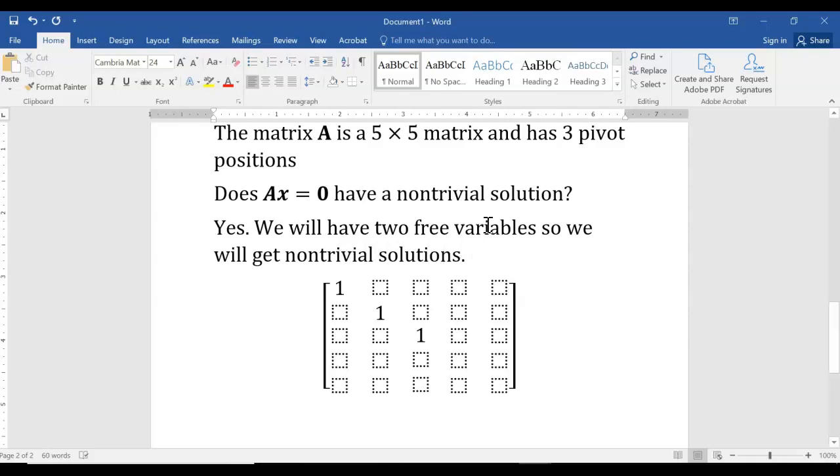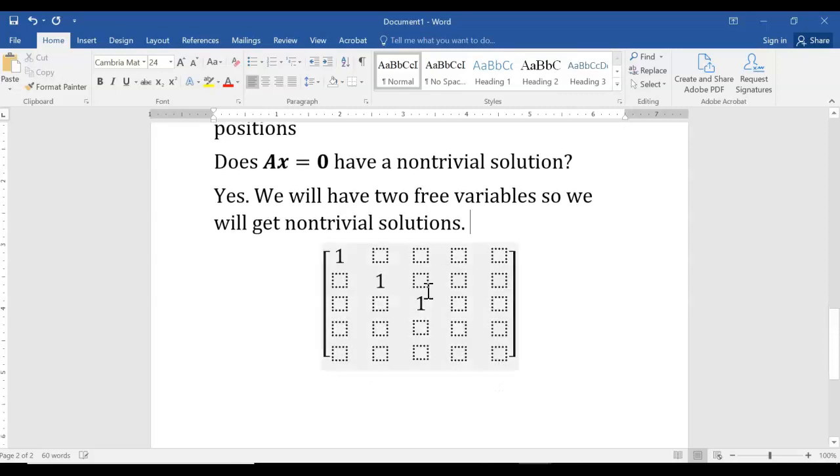By the way, that is independent of where those pivot positions were. Okay. If you wanted your pivot positions to be here, let's say the 1-1 entry, or to me the first entry here in the first row, the third entry of the second row, and then the last entry of the third row.